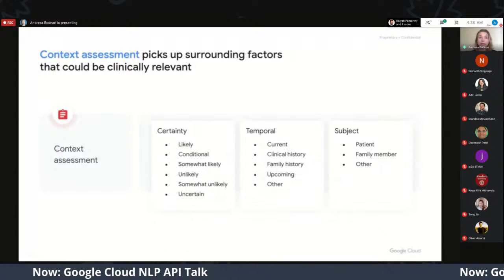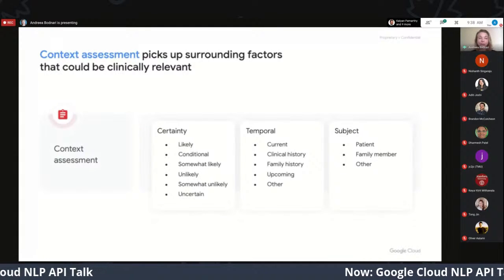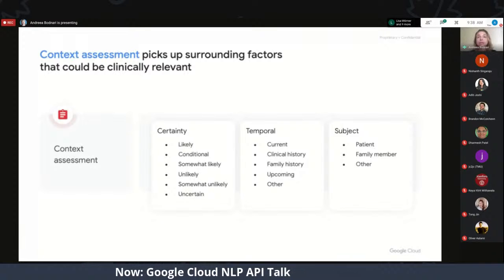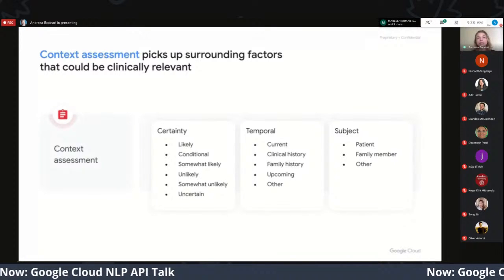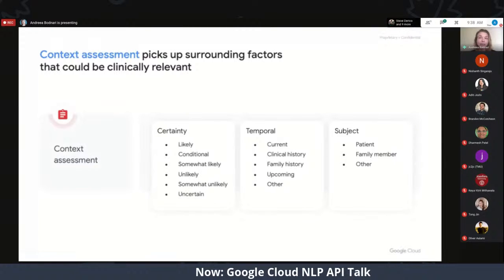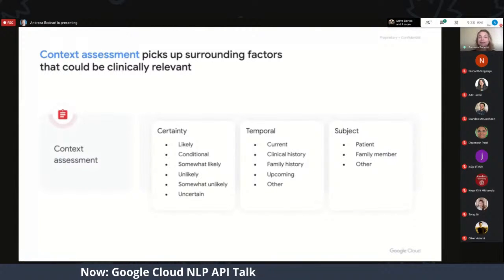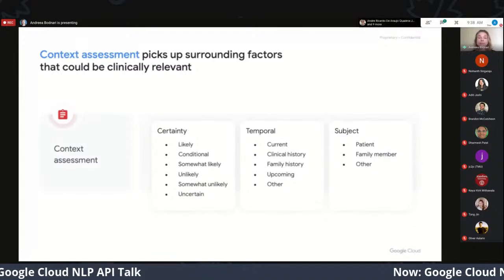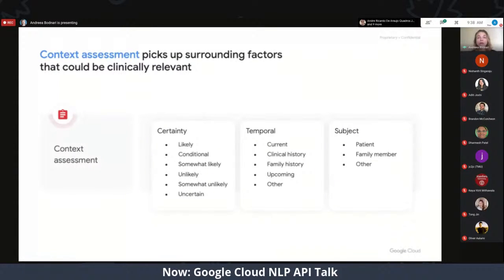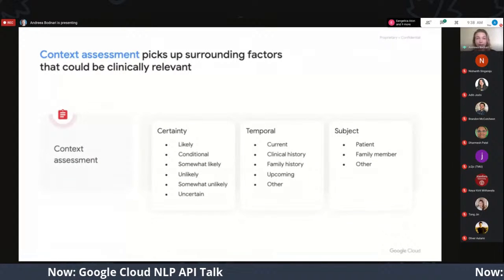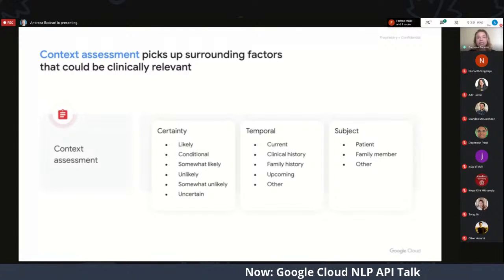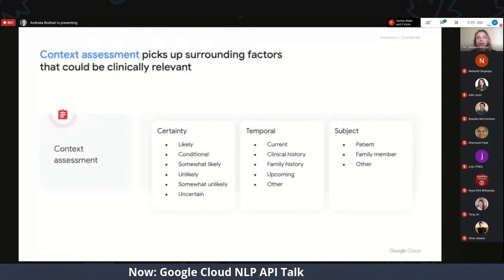The following module, the context assessment module, picks up surrounding factors that could be clinically relevant. There are 3 types of surrounding factors that get extracted: certainty, temporal status, and subject. Let me go through each one and give you a bit of context around them. The certainty function tries to assess the confidence of the author that generated the medical knowledge.